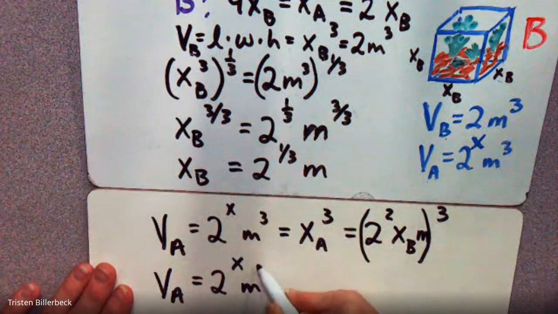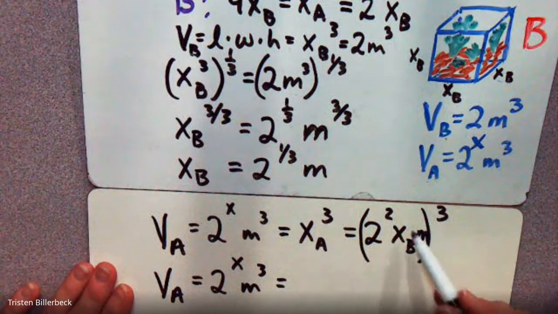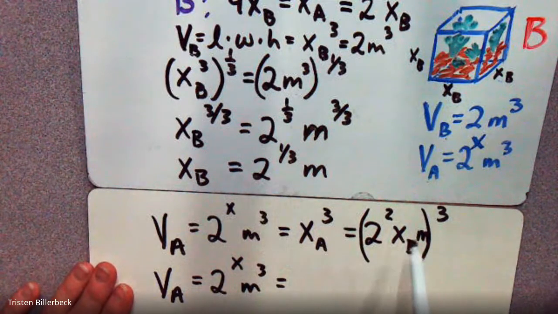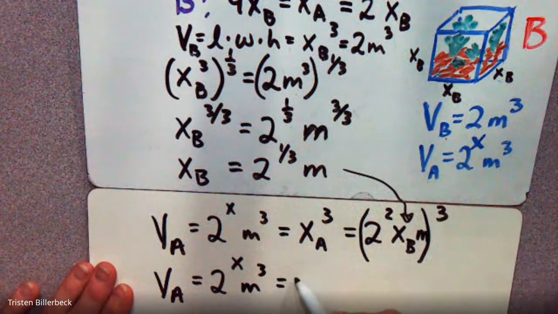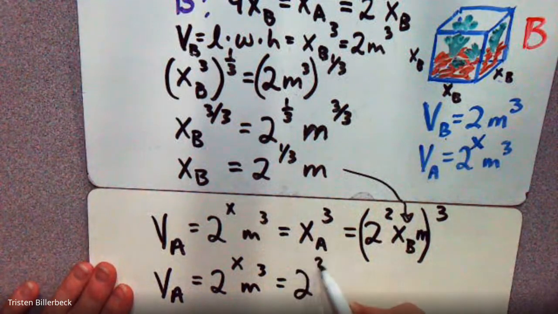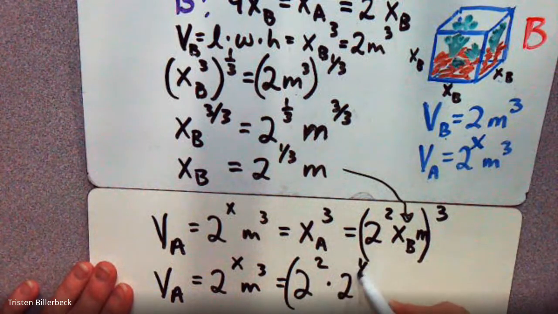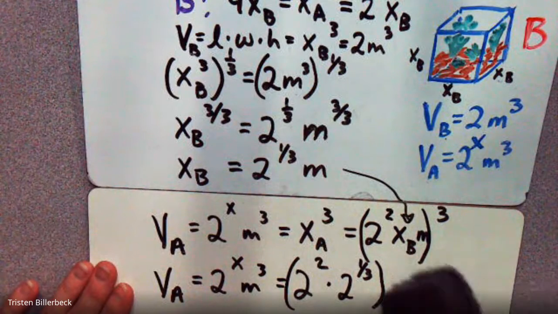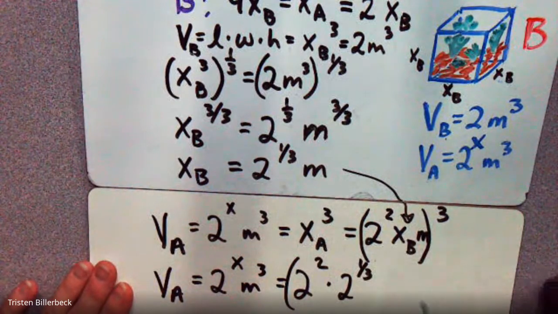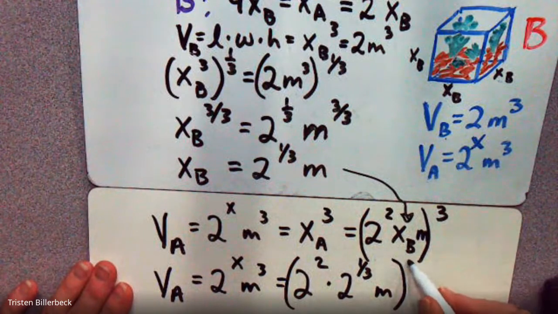So meters cubed equals, and we don't really need this, and we're going to substitute that in here. So this is going right there. So now we have 2 squared times 2 to the 1/3, and we've got meters in there, because that's just one side, and now we're going to cube it.